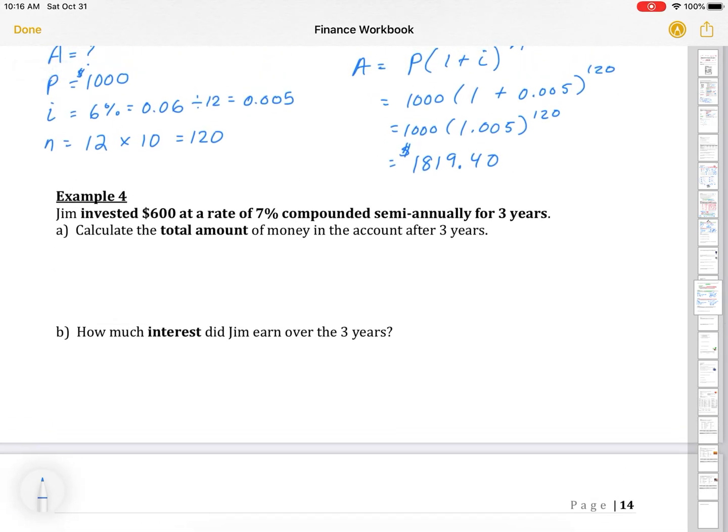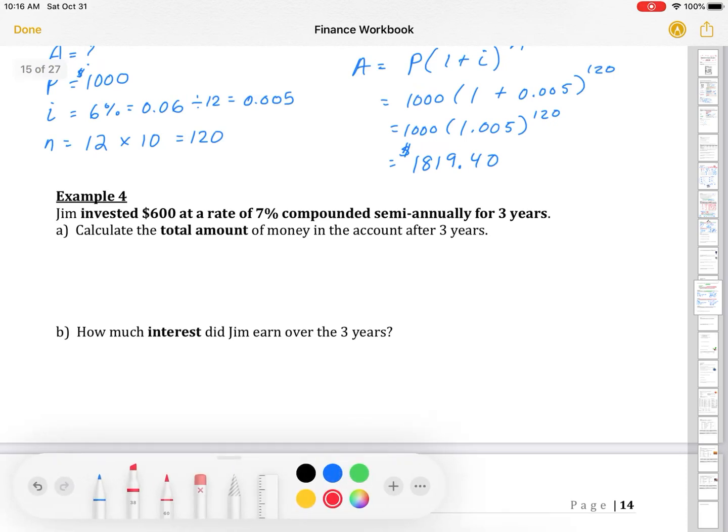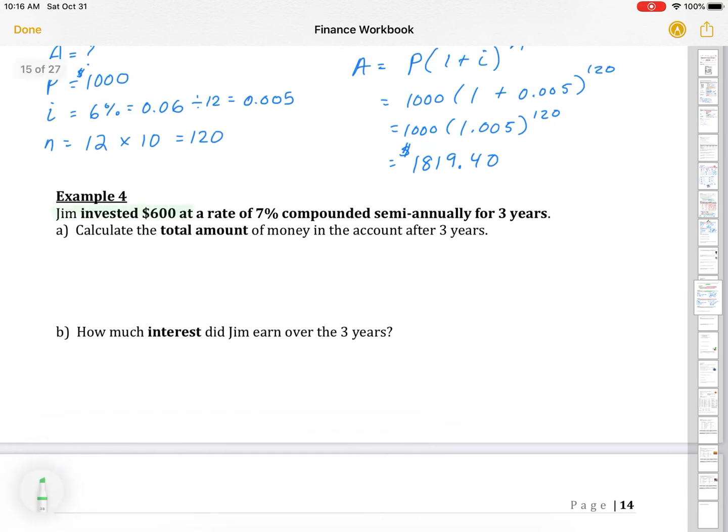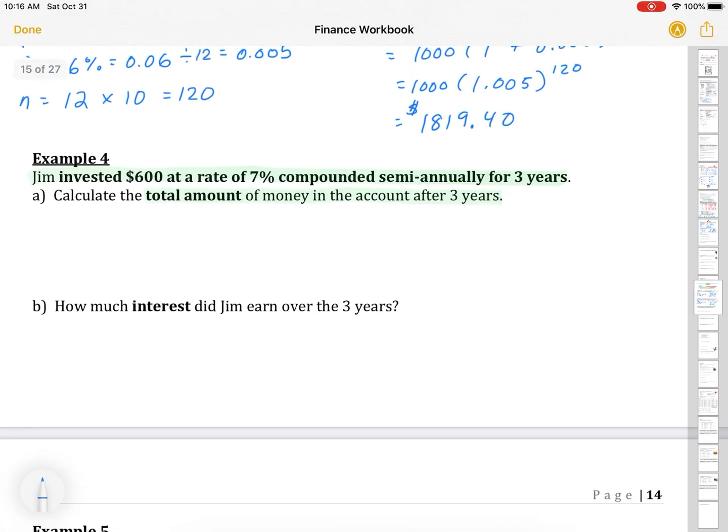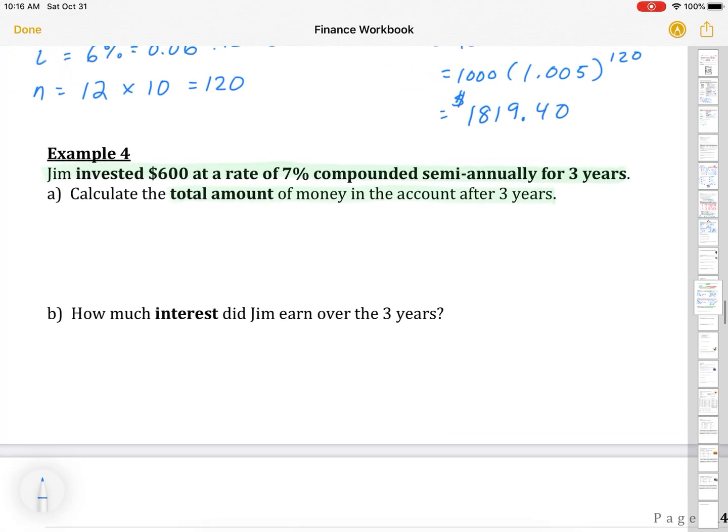Jim invested $600 at a rate of 7% compounded semi-annually for 3 years. So here it wants the total amount of money in the account after 3 years. So let's figure that out. Let's write down what we know. A is what we're looking for. P is 600. i is 7% divided by, it's compounded semi-annually.